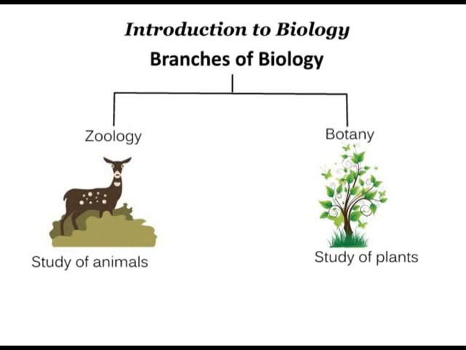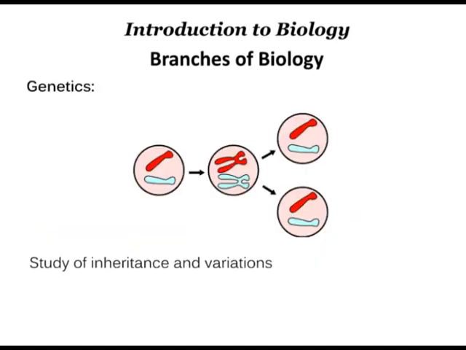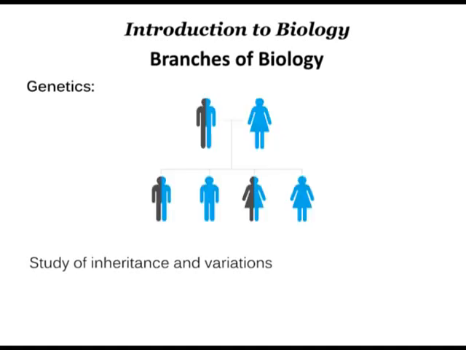Other disciplines include genetics, which is the study of inheritance and variation. Here, we shall understand why organisms only give rise to young ones of their own kind, why children look like their parents sometimes and not always, why certain diseases run in families, and so on and so on.